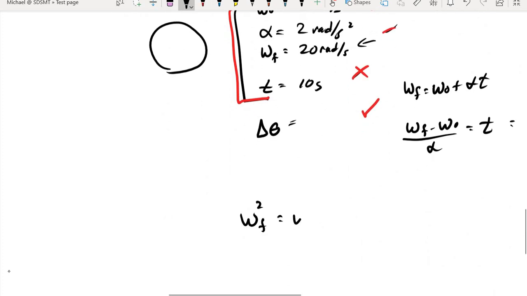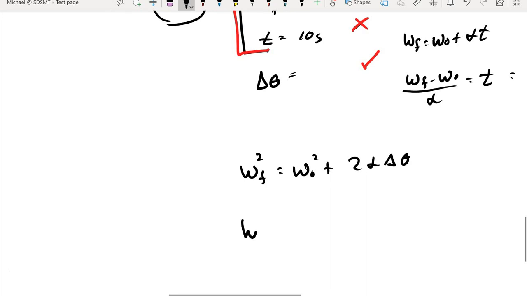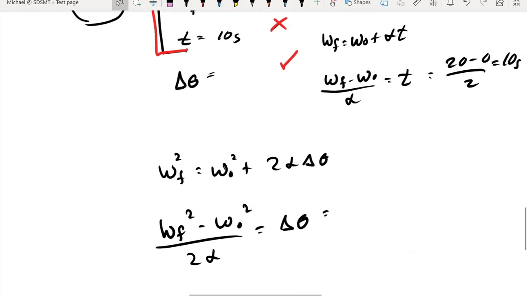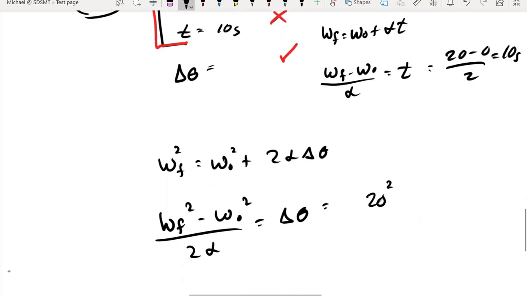So that bottom equation needs to be rearranged to solve for theta. There we have it. We now plug in our numbers. We need 20 squared minus 0 squared over 2 times 2.